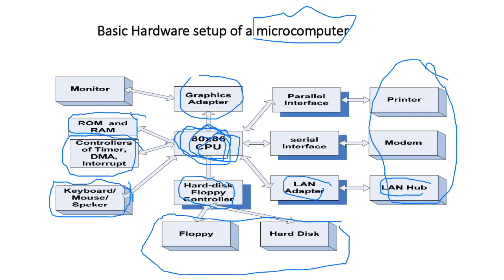And the modem is connected to the serial interface, and the printer is connected with the parallel interface. If you look at a laptop, you can see there are some ports on each side so that we can connect external things, like we can connect a printer with the laptop or desktop.